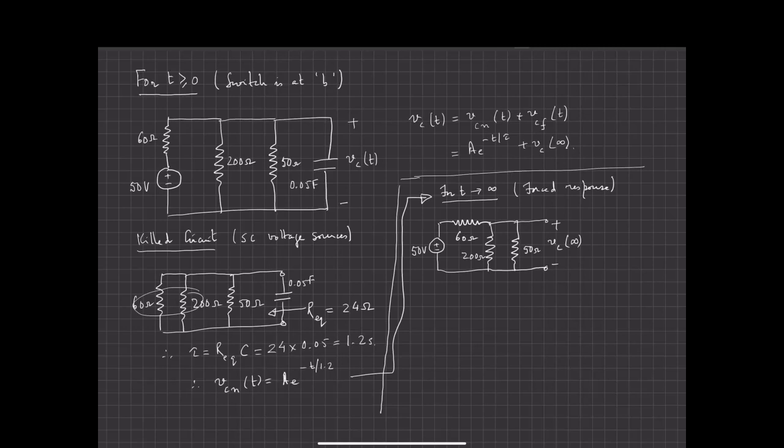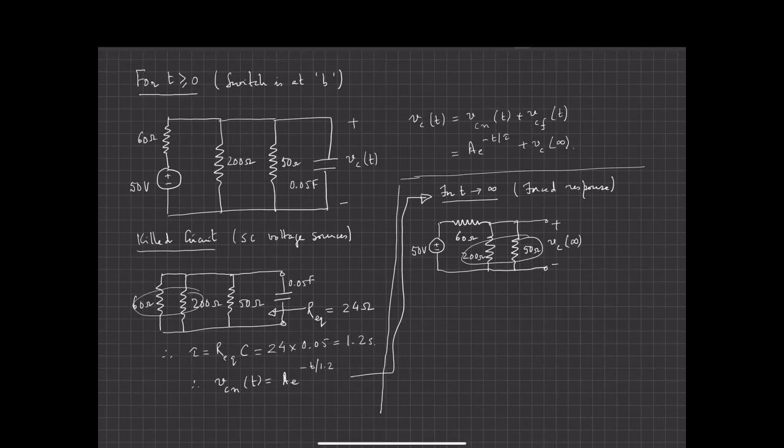But this is trivial because now you see that these two are in parallel. And what does that give you? This is 200 times 50 over 200 plus 50. That's 250. 50 goes into 250 five times. 5 goes into 20 four times.